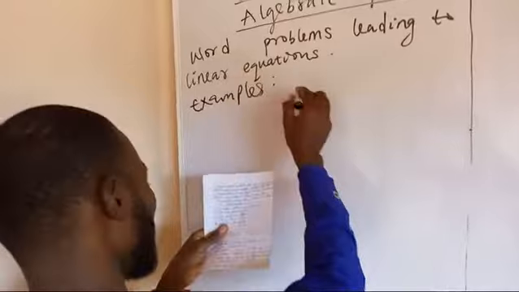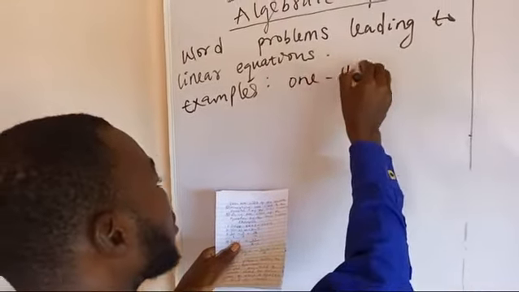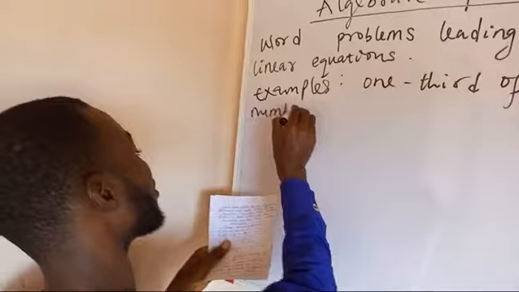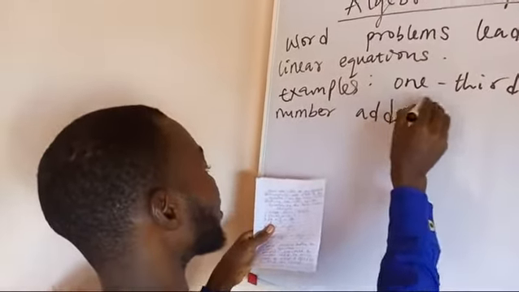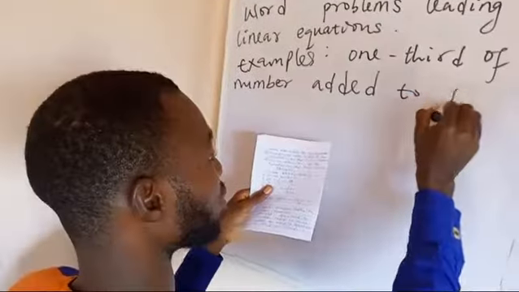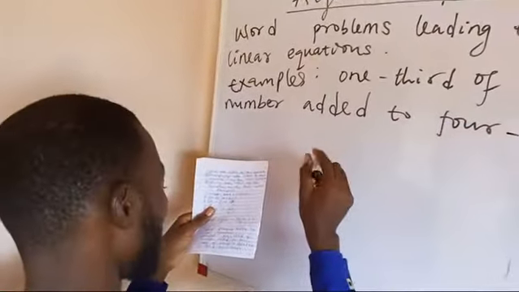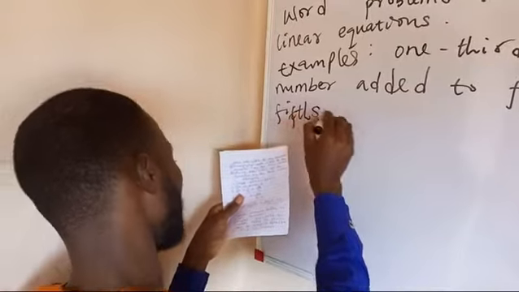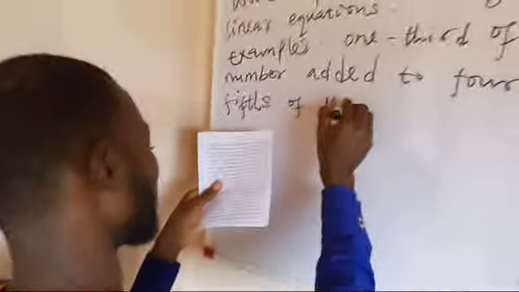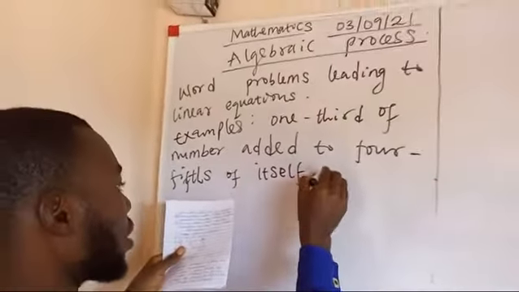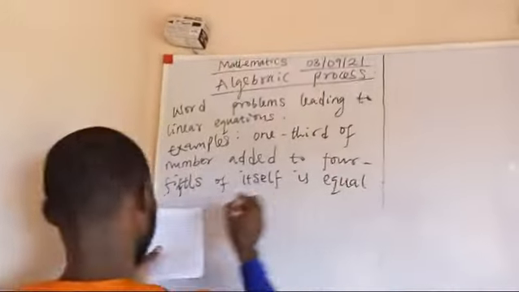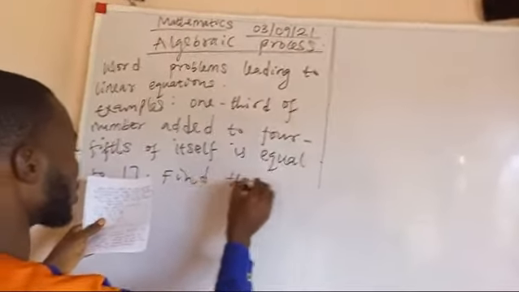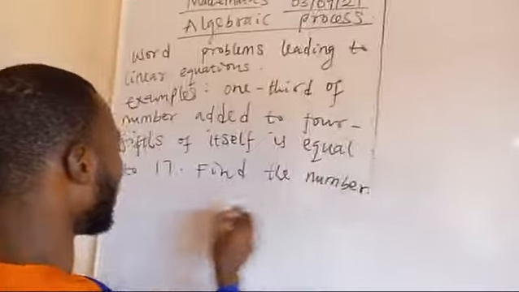We have the first one: 1/3 of a number added to 4/5 of itself is equal to 17. Find the number.